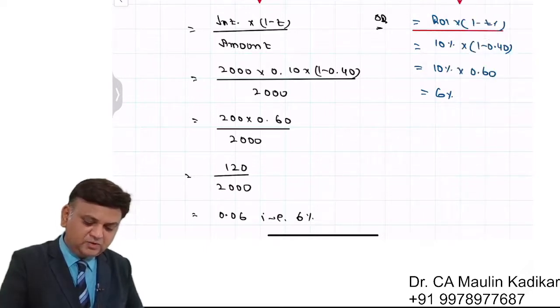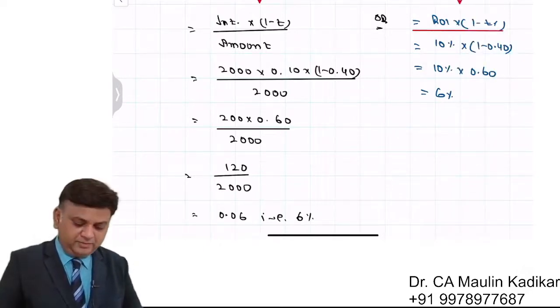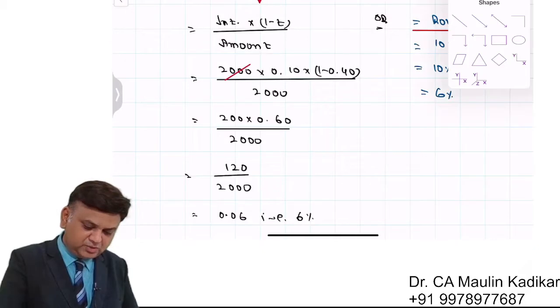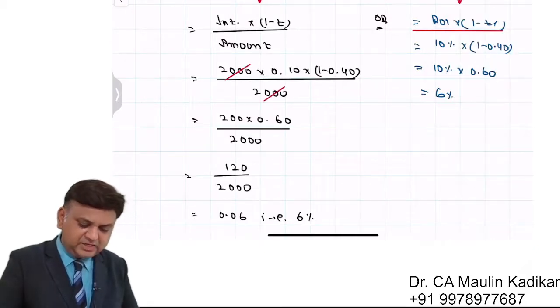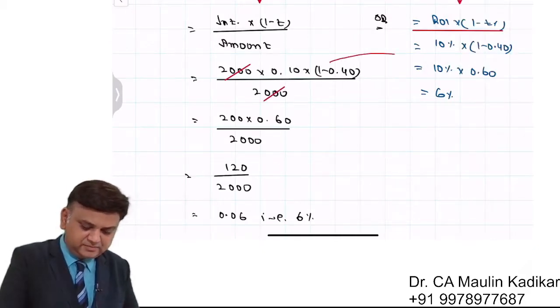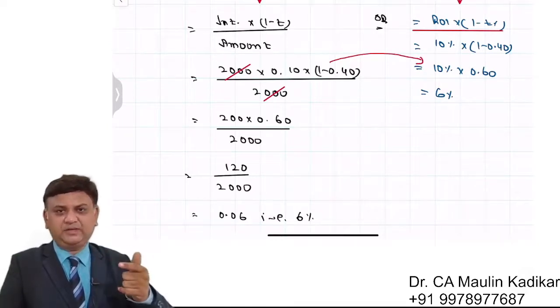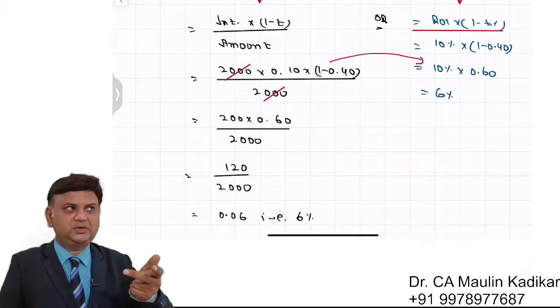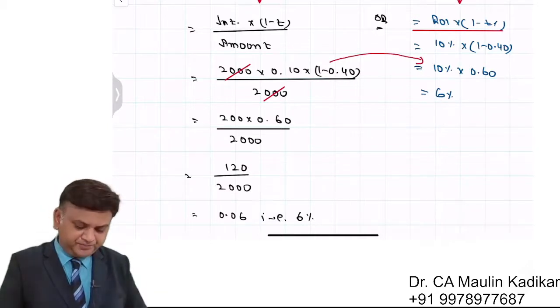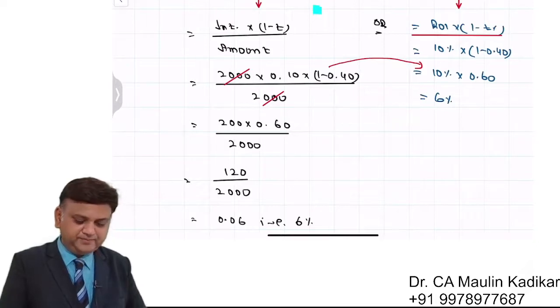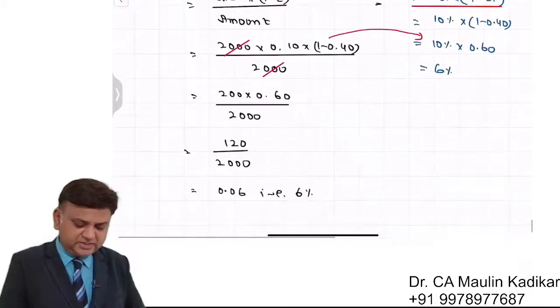Only in that case we can go directly with this formula, because this 2000 is getting cancelled against this 2000, and directly we have the answer. But if the securities are issued at premium, issued at discount, or there is a flotation cost, then in that case you are always required to follow this method. So first working note is KD.